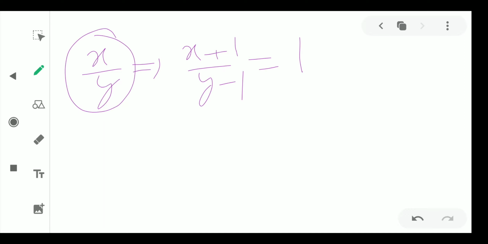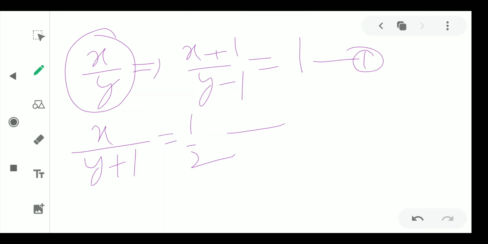Similarly, if I add 1 only to the denominator, then this fraction becomes 1 by 2. What is the fraction? From equation 1 and equation 2, we have to solve and get it.